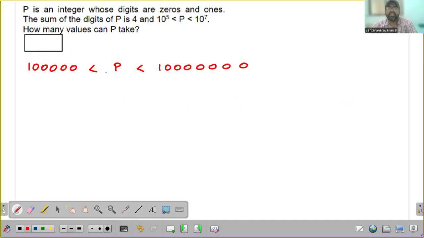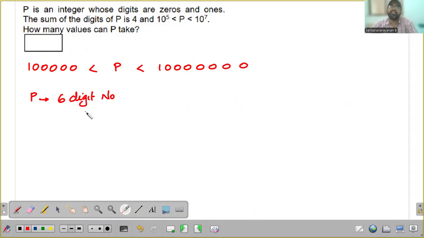So as such, this P can be a 6-digit number, because here it's 1 followed by 5 zeros. The sum of the digits of P is equal to 4. So we can think of 6-digit numbers where you are dealing with 3 ones and 2 zeros. Got it? Because in how many ways can you distribute 3 ones and 2 zeros?